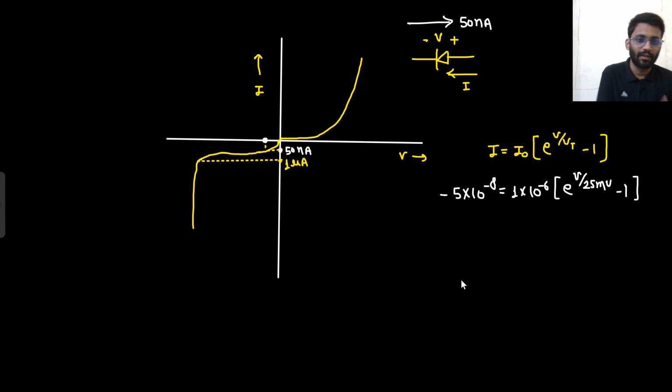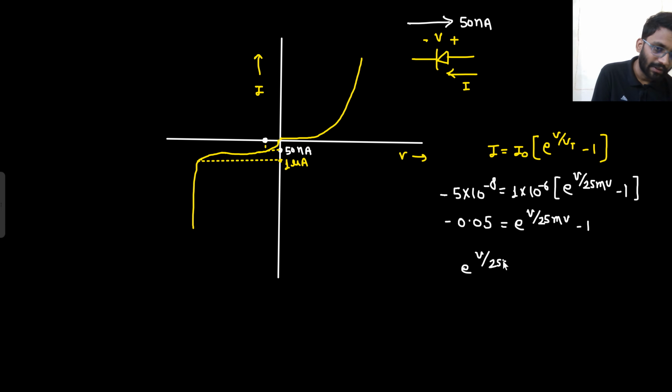Well and good? Okay. So what you are getting is minus 5 into 10 to the power minus 8, so it will be minus 0.05 equals e to the power V upon 25 millivolt minus 1. So e to the power V upon 25 millivolt, this 1 will come here, so it will be 0.95.